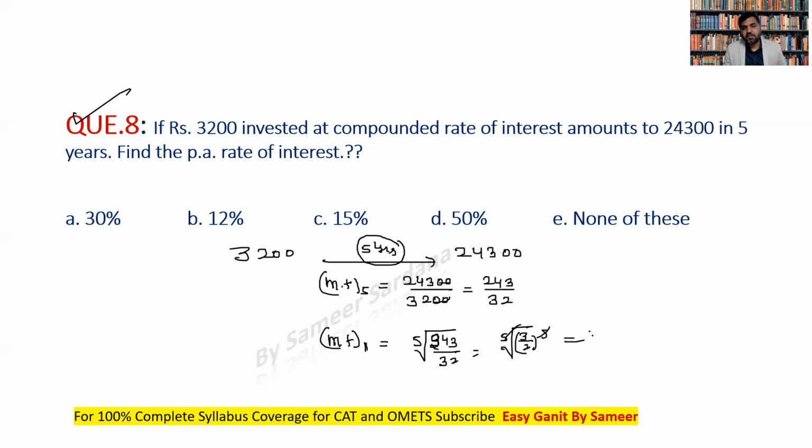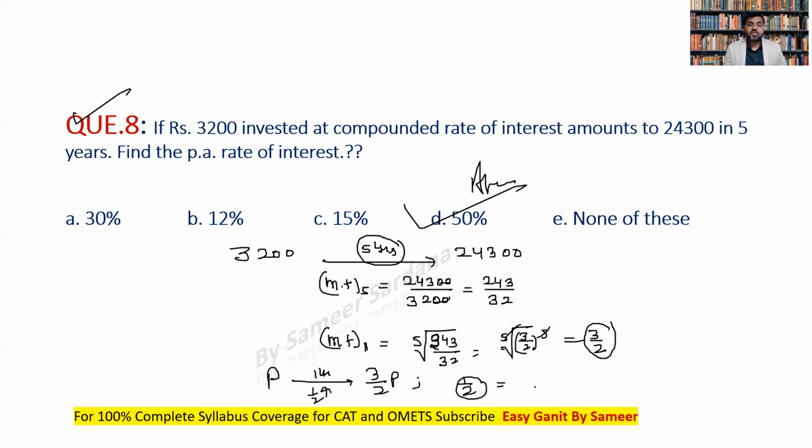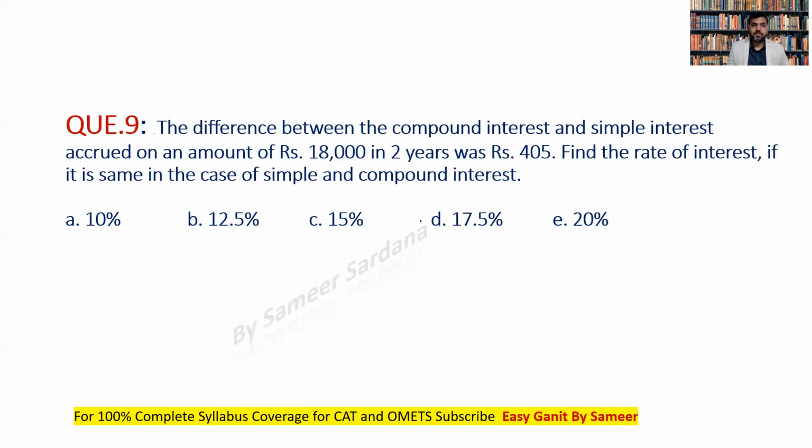That means the multiplying factor for the first year will become 3 by 2 times of itself, which is a 50% rate of interest. Because if my money is becoming 3 by 2 times of itself in 1 year, that means I'm earning an interest of 1 by 2, which is equivalent to 50%, everybody. D is the correct answer, guys.